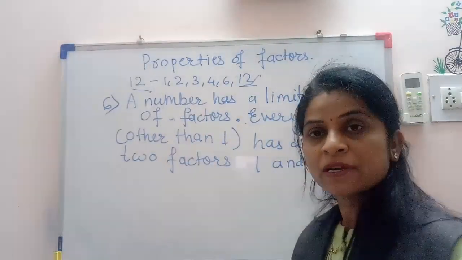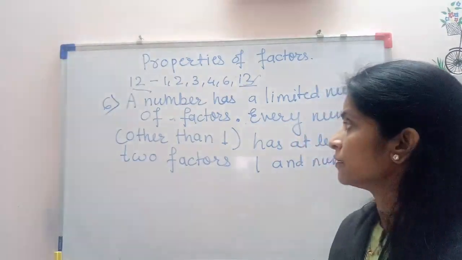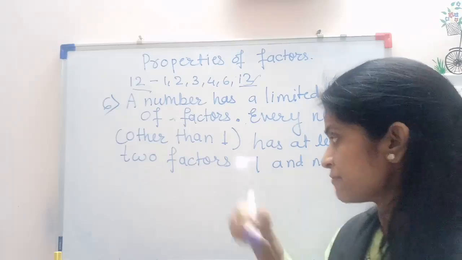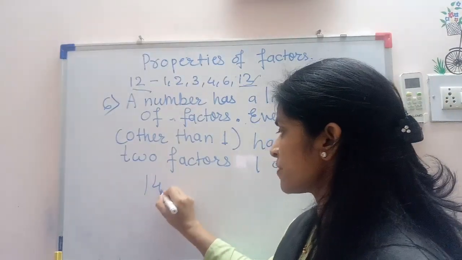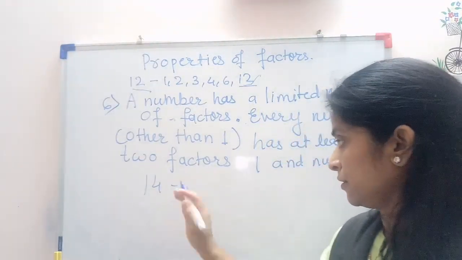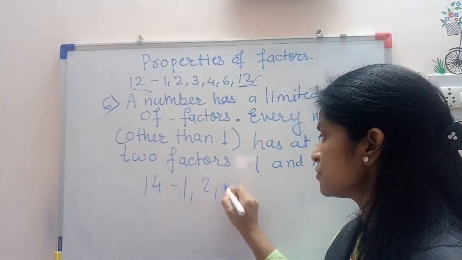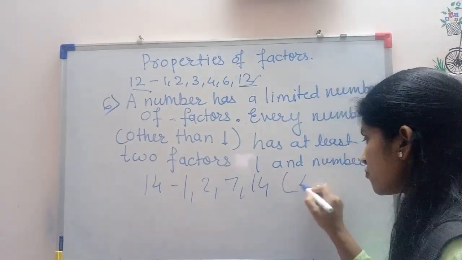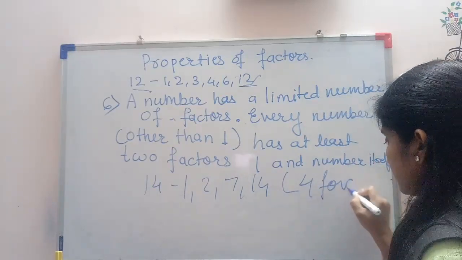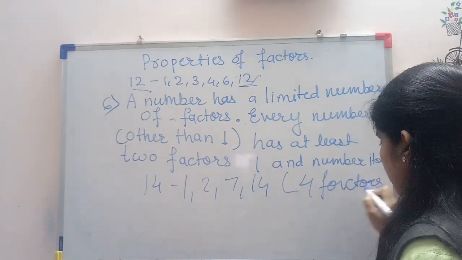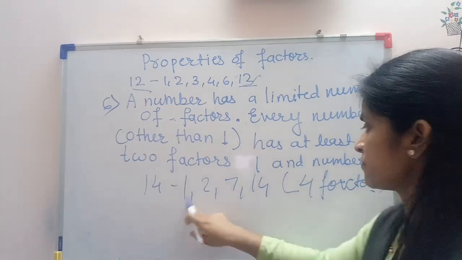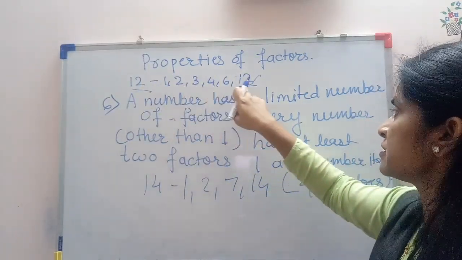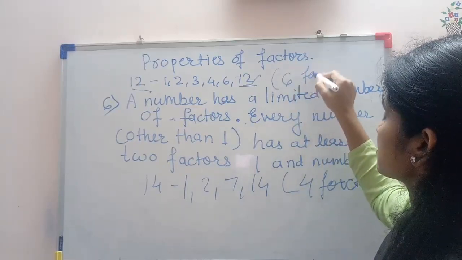Now the next property, that a number has limited factors. For example, if you take the factors of 14, they are 1, 2, 7 and 14. That means there are 4 factors. We can count the factors 1, 2, 3, 4. Now 12 has 1, 2, 3, 4, 5, 6 factors.